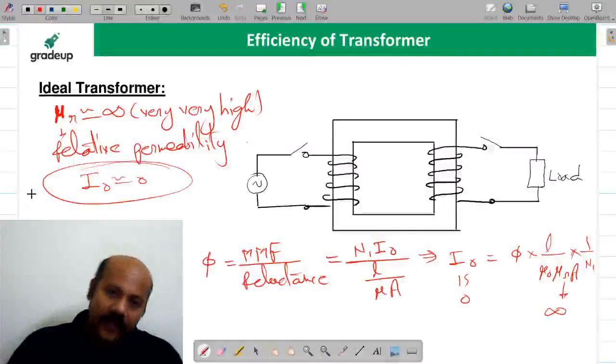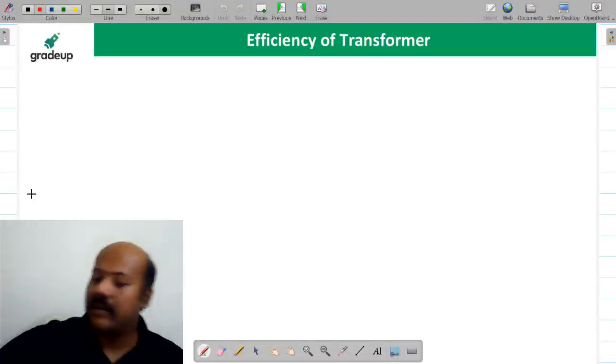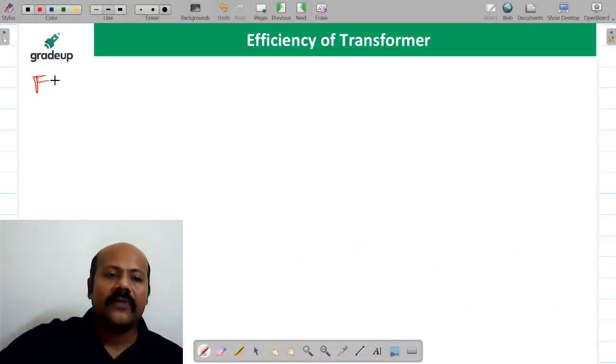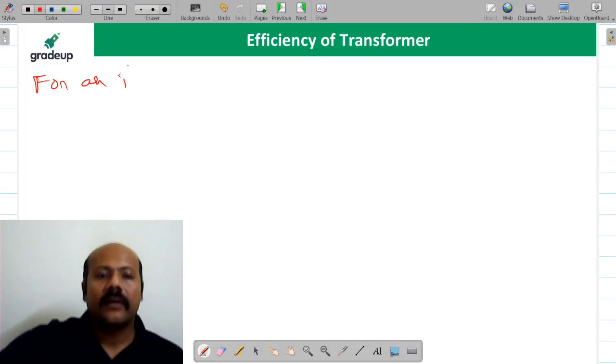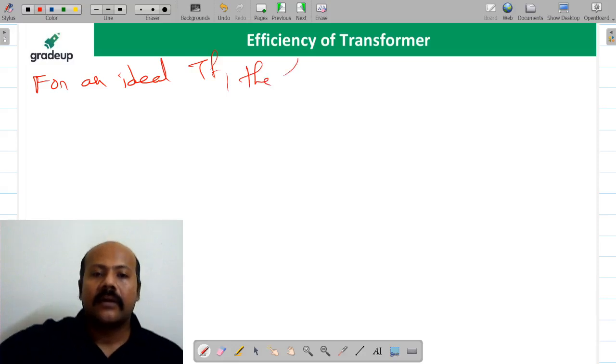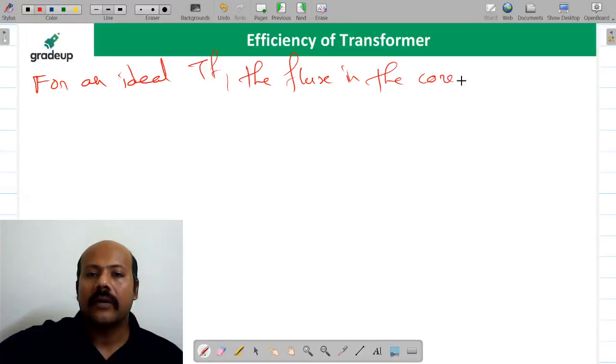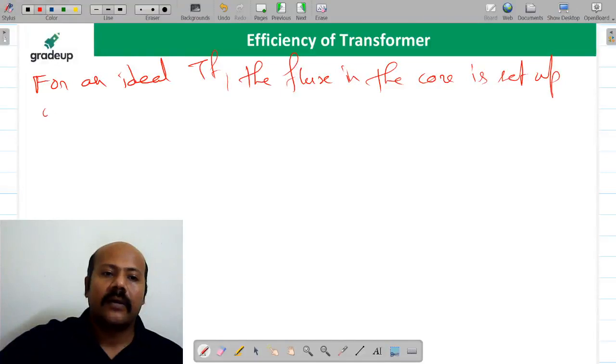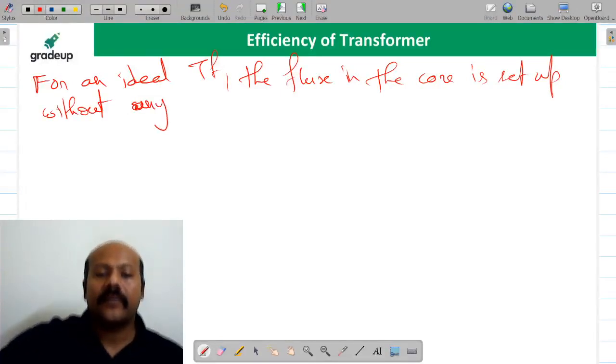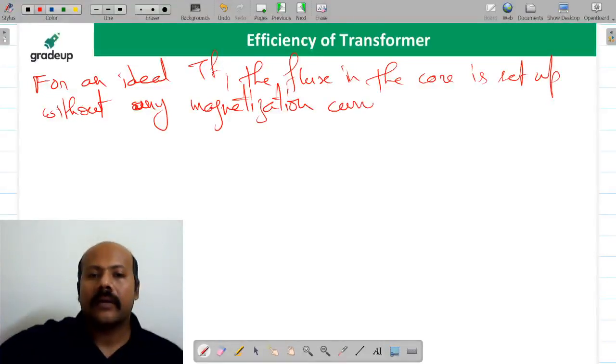What is the idea? The idea is, for an ideal transformer, the flux in the core is set up without any magnetization current.